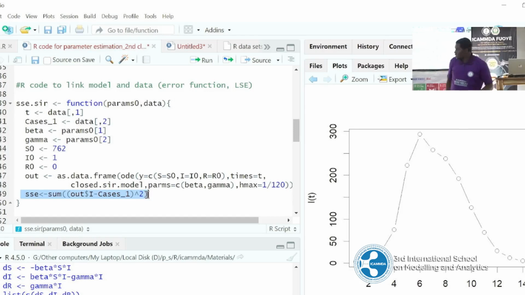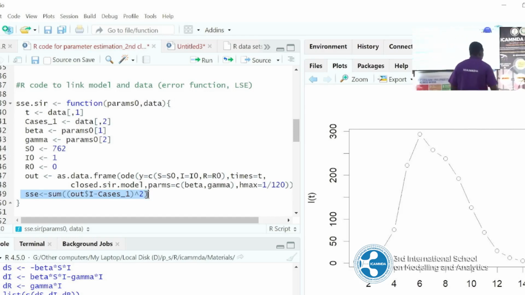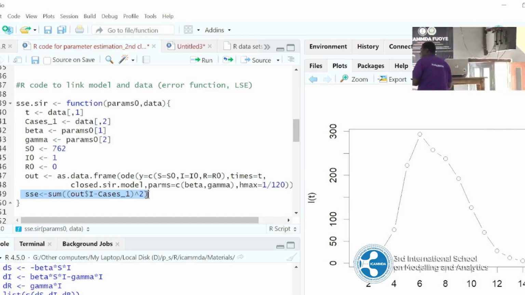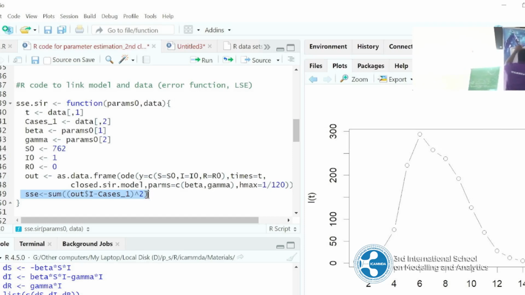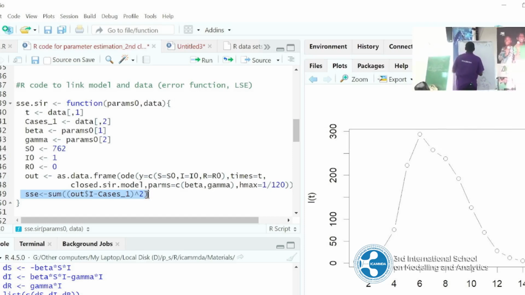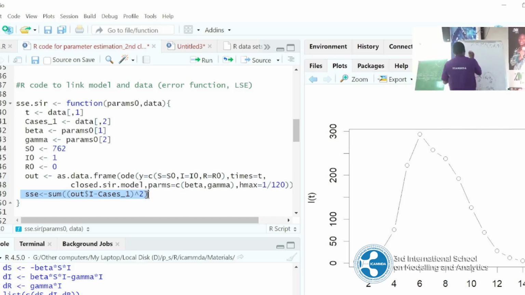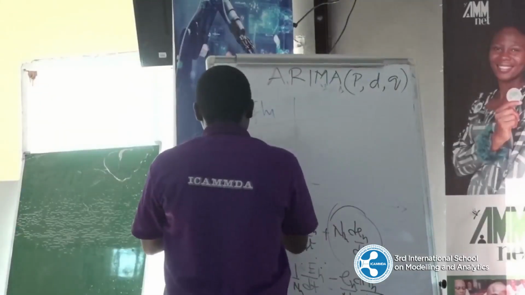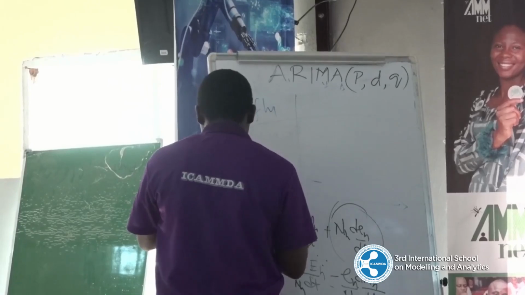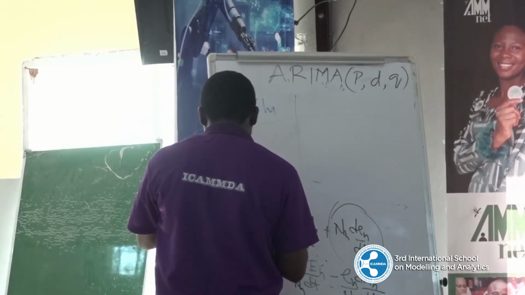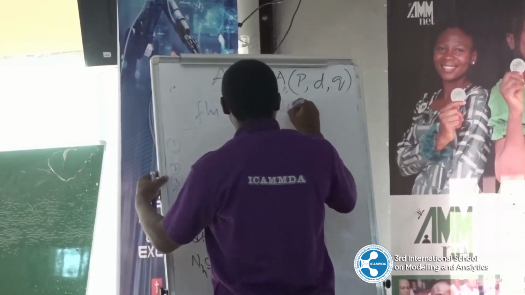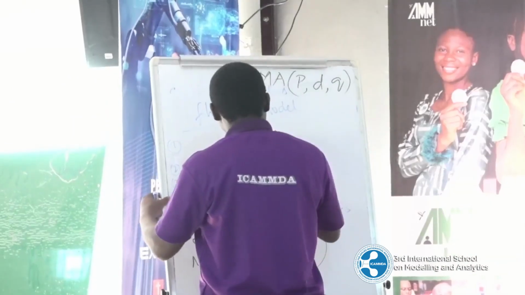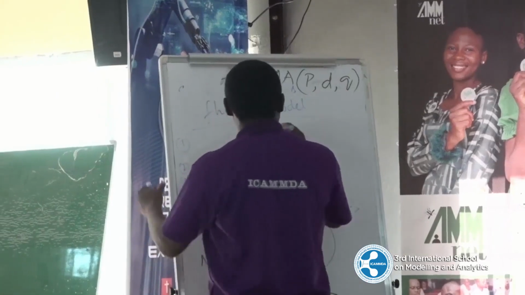How do we know? Because now look at it. Don't forget your data, from the flu, has 14 data points, isn't it? 1, 2, 3, up to 14. Now the model is also producing 1, 2, up to 14, right?